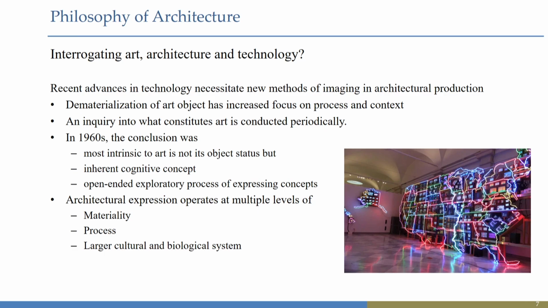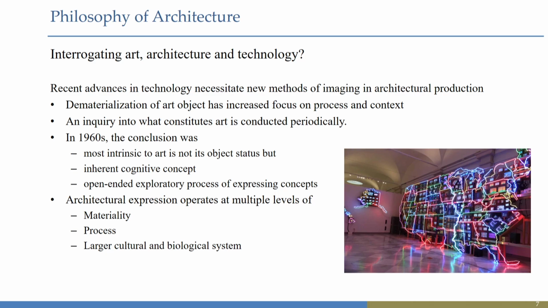Let us move forward. Of course, there are architectural objects and built structures, there is material reality around architecture, but we cannot ignore the role of technology and how it is leading to dematerializing built structures or concrete realities. When we say dematerializing, it means that it is no longer material, it is abstract, it comes and goes, it is like a light, something which appears and then disappears, and all of it is supported by technology.